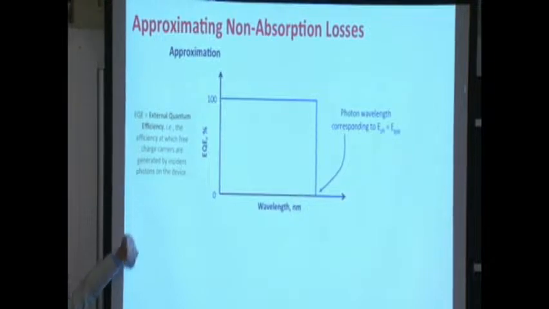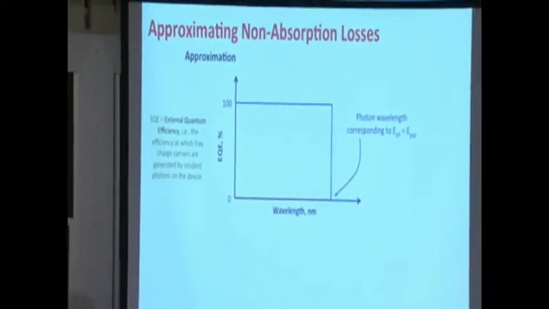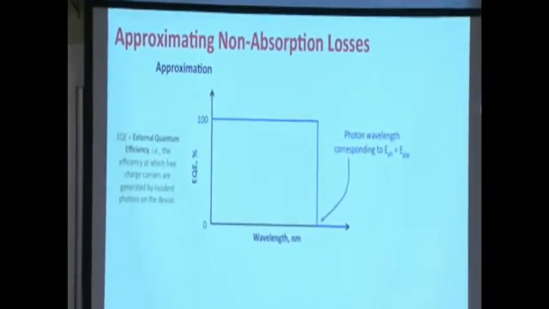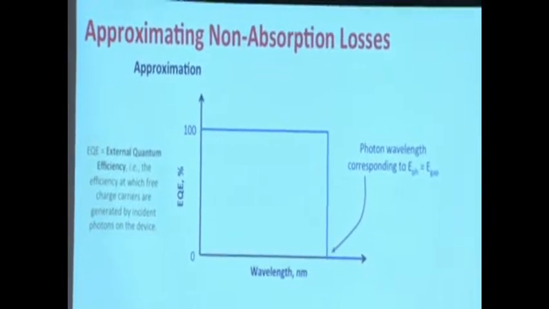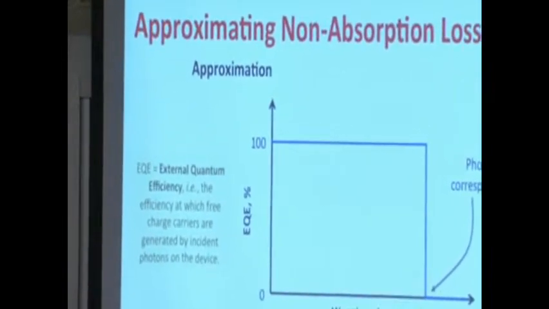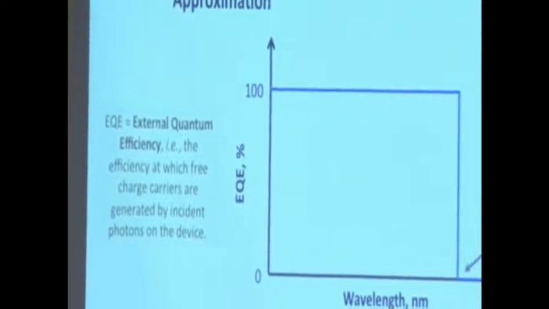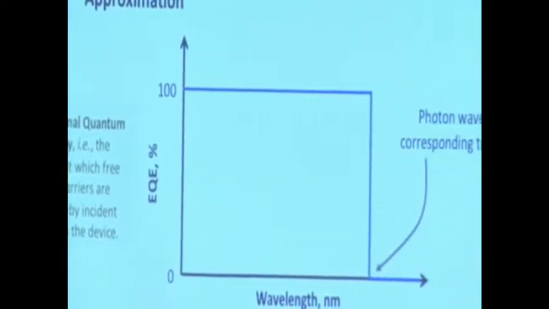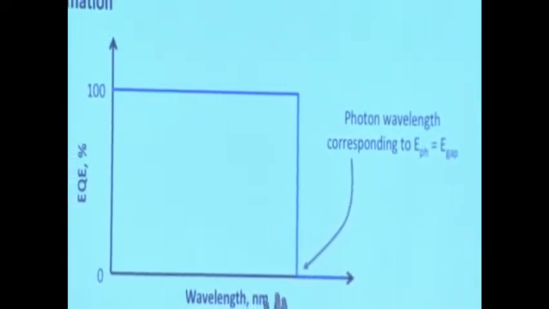It's the efficiency at which free charge carriers are generated by an incident photon on the device. So if I have an EQE of 100%, that means for each photon that I throw at my solar cell device, I'm generating and collecting one free carrier, one electron-hole pair, if you will, from that device. So that's plotted right here.